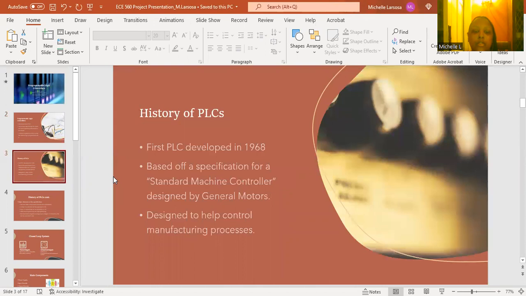The onset of PLCs helped to streamline that process more efficiently with the use of the computer, as opposed to using so many people. The systems were able to run and maintain themselves, which also helped with cost and efficiency in the auto plants.